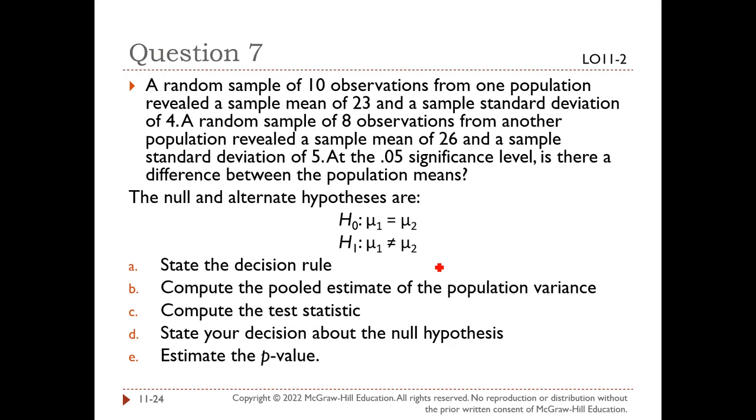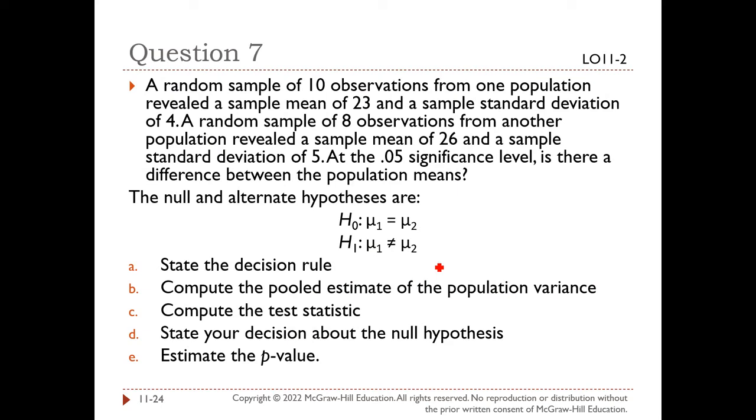Question 7. A random sample of 10 observations from one population revealed a sample mean of 23 and a sample standard deviation of 4. Already, we probably know that this is going to be a t-chart, or t-statistic thing going on. A random sample of 8 observations from another population revealed a sample mean of 26 and a sample standard deviation of 5.